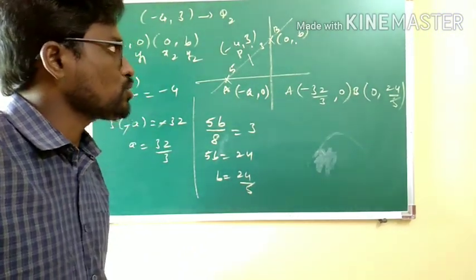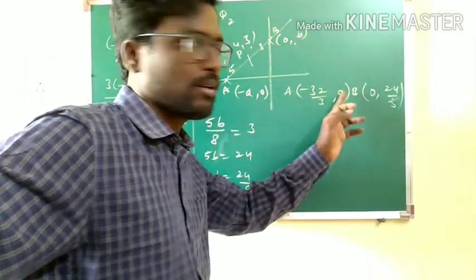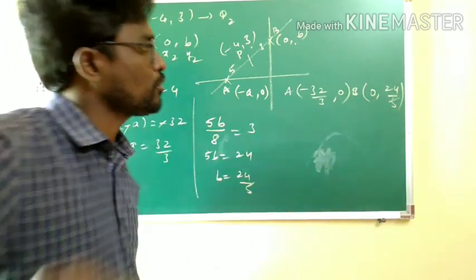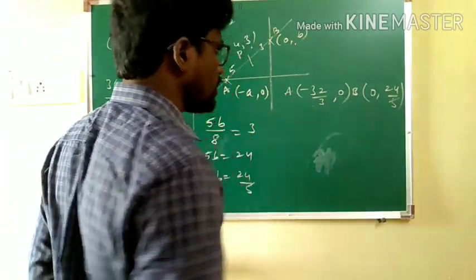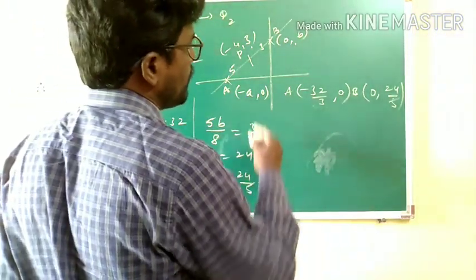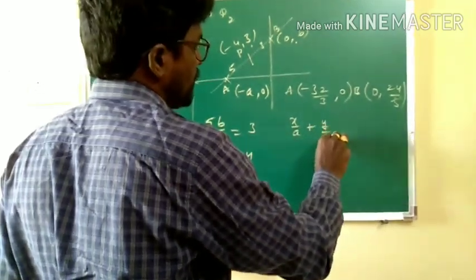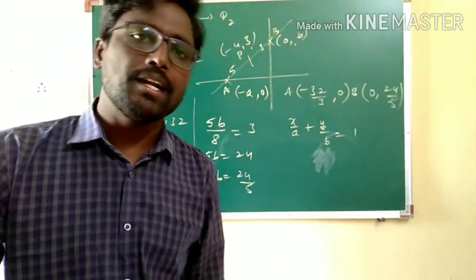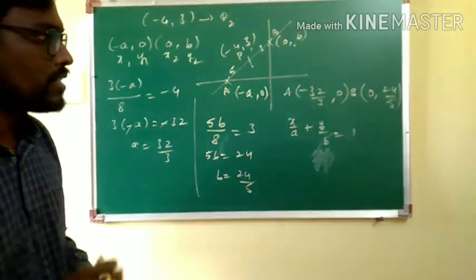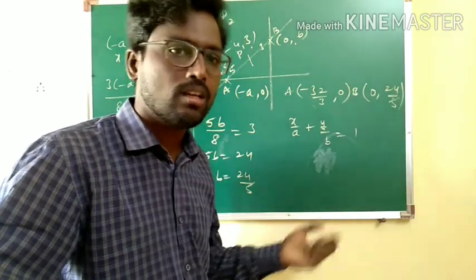Now we are supposed to find the line equation passing through the points minus 32 by 3 comma 0 and 0 comma 24 by 5. Here you can do it very easily with the help of the intercepts formula. What is that? x by a plus y by b is equal to 1. When you are given the x intercept and y intercept, the equation of the line is given by x by a plus y by b is equal to 1.